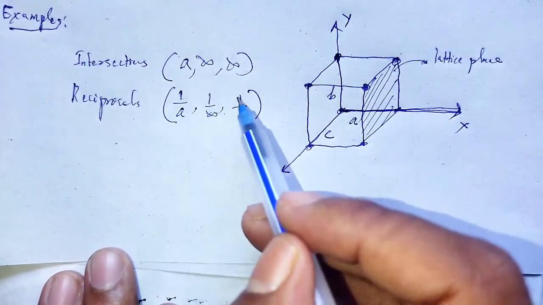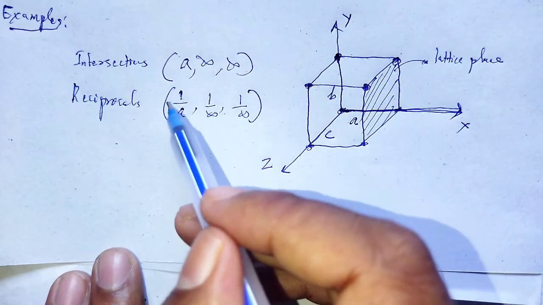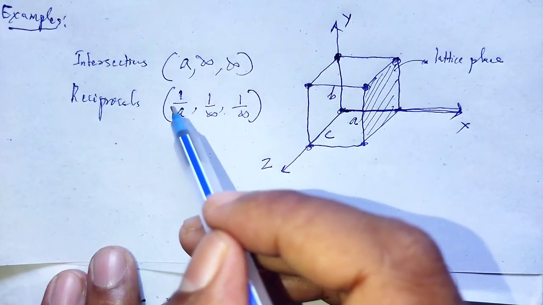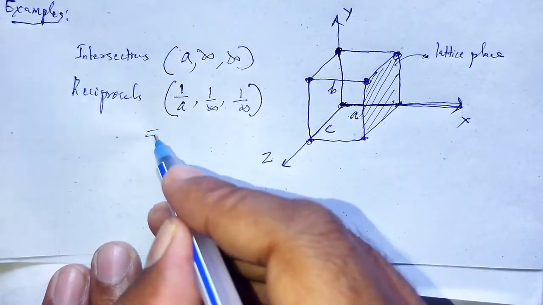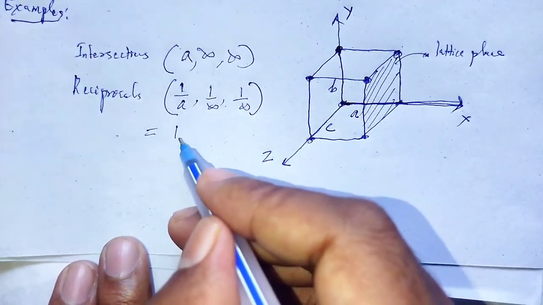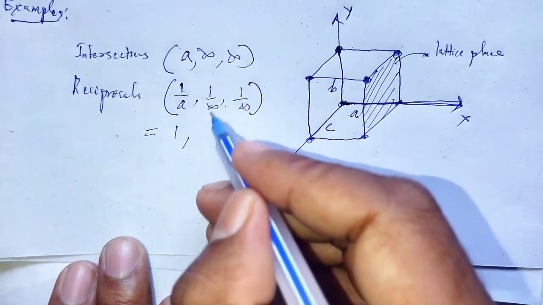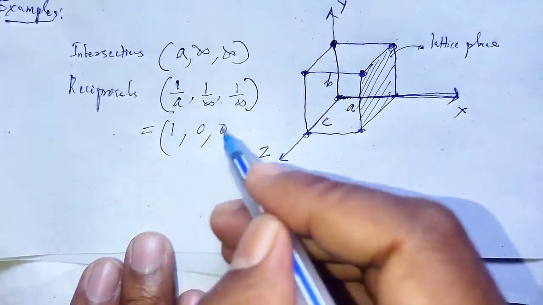In order to get whole numbers here, we just multiply each term by A. So when multiplied by A, it will be 1, then 1 by infinity times A is 0, and it will be 0.